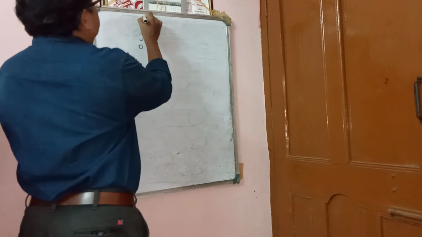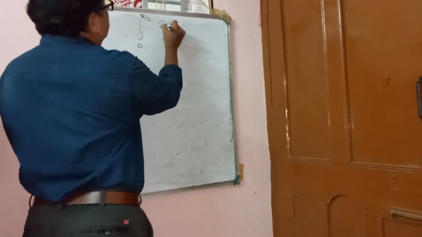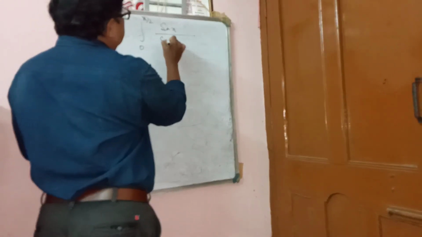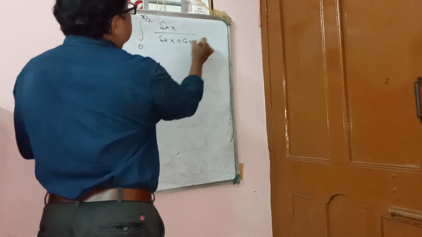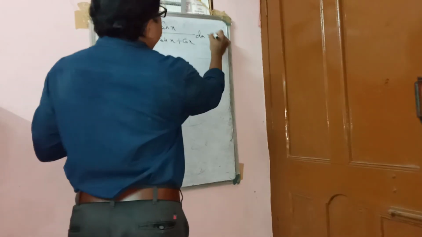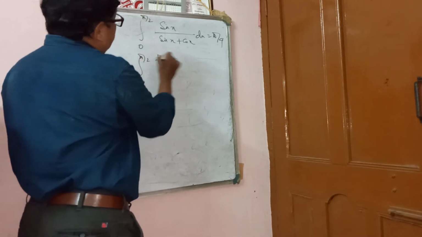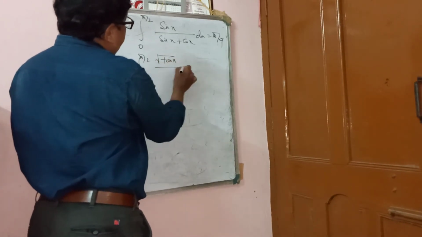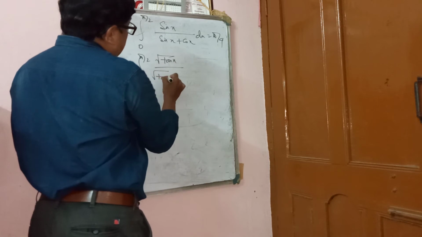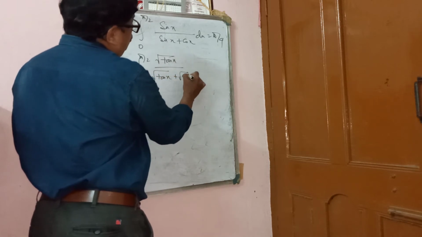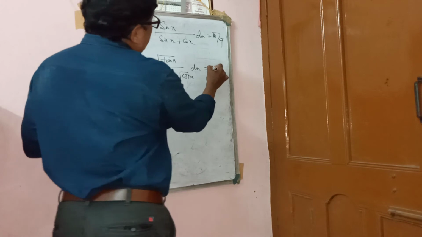Suppose the integral from 0 to pi by 2 of sin x by sin x plus cos x dx. Similar answer, pi by 4. The integral from 0 to pi by 2 of root tan x by root tan x plus root cot x dx. Also pi by 4.